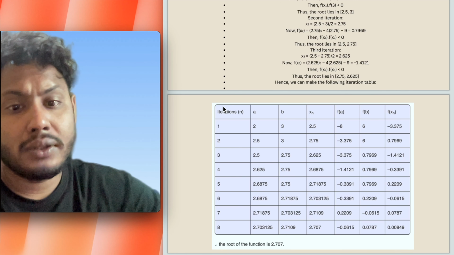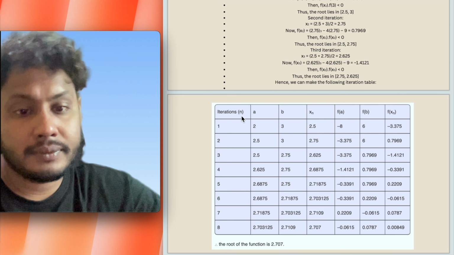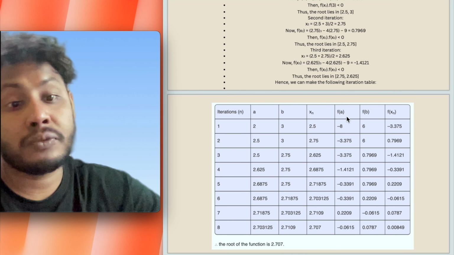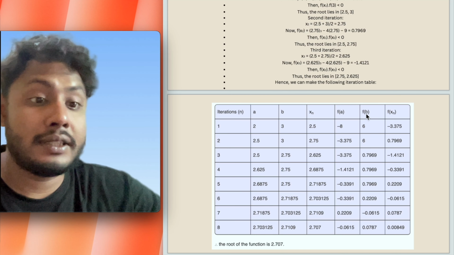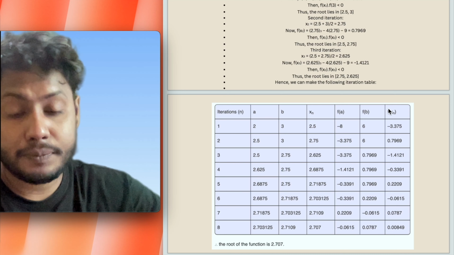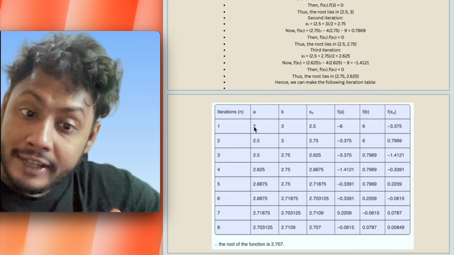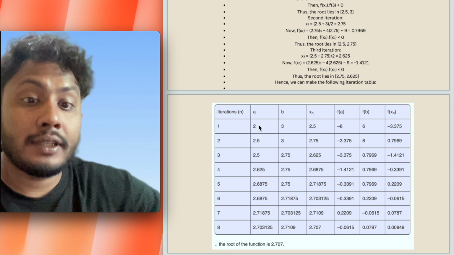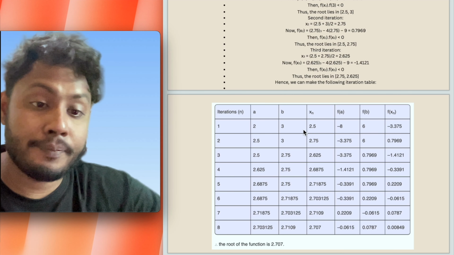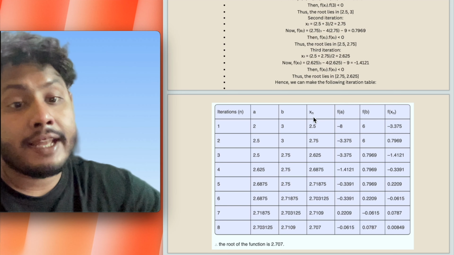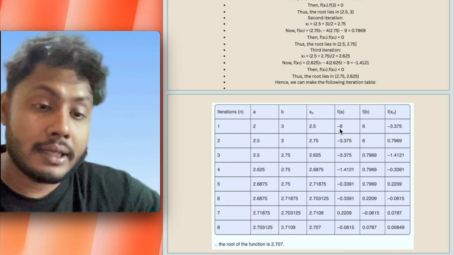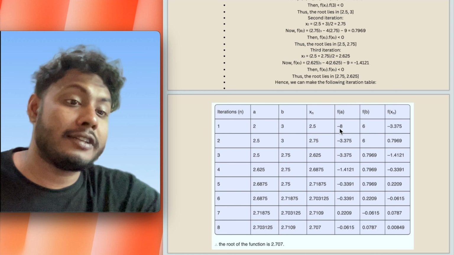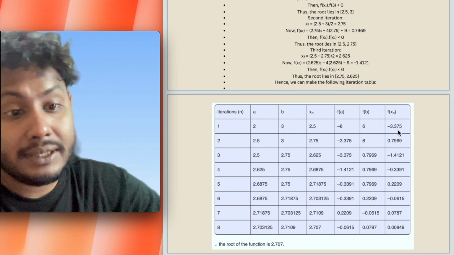The first column is the iteration number, then the a value, then the b value, then the xn value, then the function of a value, then the function of b value, then the function of xn value. In the first row, the a value is 2, the b value is 3, the xn value is 2.5, the function of a value is minus 9, the function of b value is 6, and the function of xn value is minus 3.375.